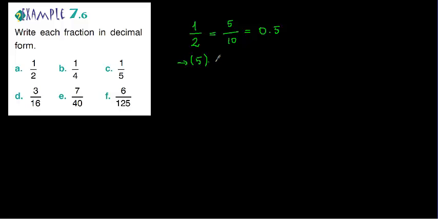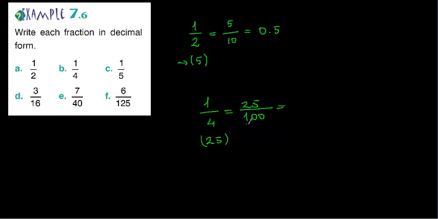So 5 is the first number that we may multiply by, because we cannot multiply by every number that we like. 5 we can multiply if the denominator is 2. If the denominator is 4, we can multiply by 25, because that's the easiest way to make it 100. So 25 times 1 is 25. 4 times 25 is equal to 100.